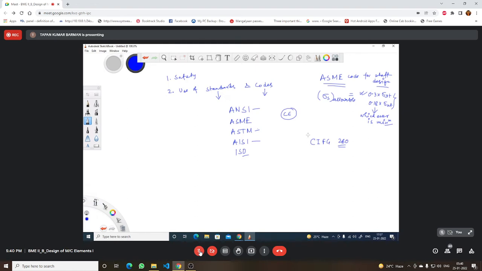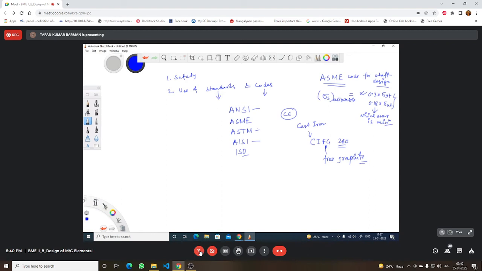That is basically called cast iron. In the materials part, again we will discuss this. This is called free graphite. So CIFG 260, similar to CIFG 150, 200, 220, 260, 300, 350, and 400. These are the different grades of cast iron.